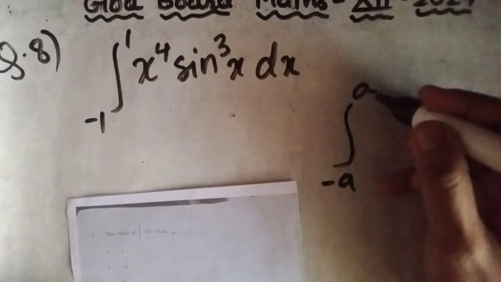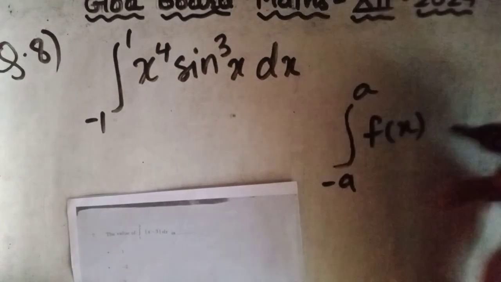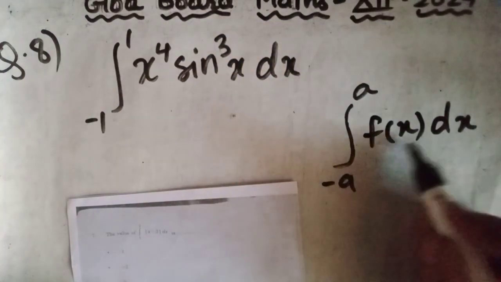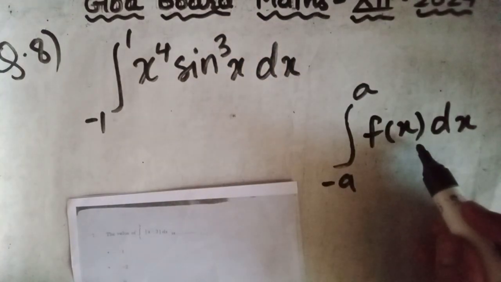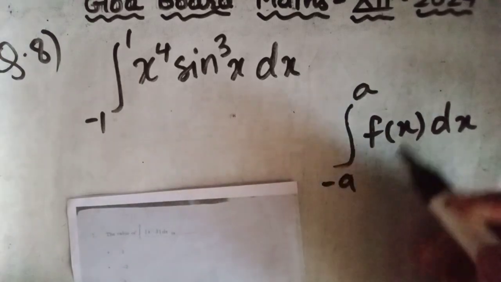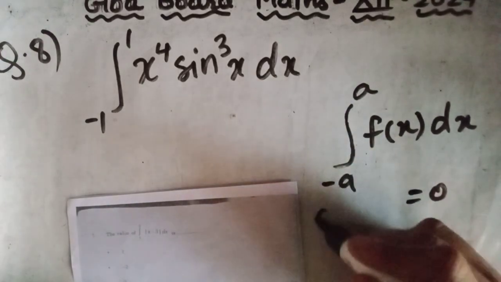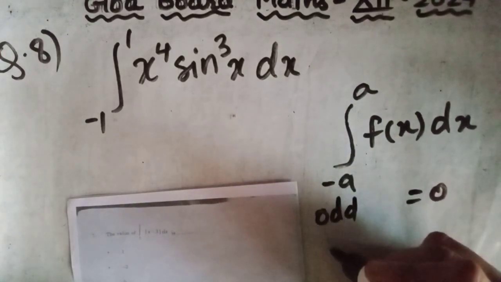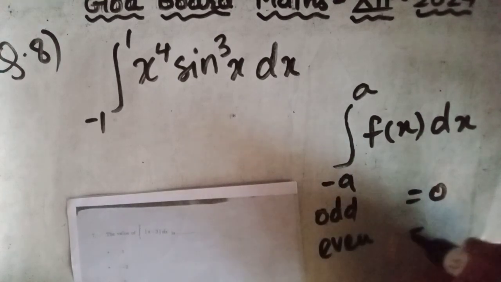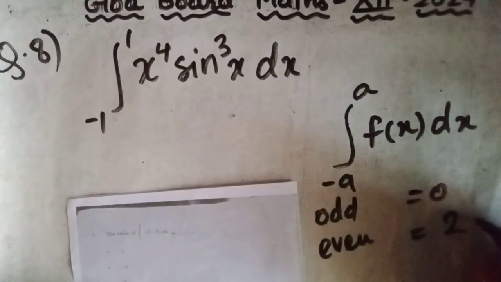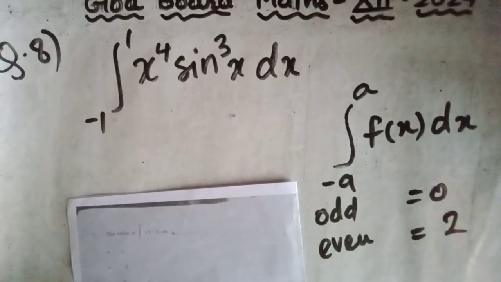So the integral from minus a to plus a of f of x dx, if your f of x is an odd function, then you will get 0, and if it is an even function, then you will get 2 times the integral of f of x.